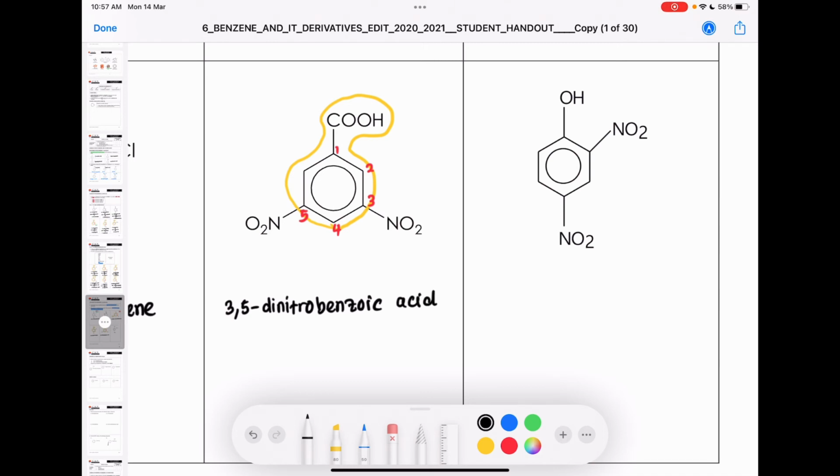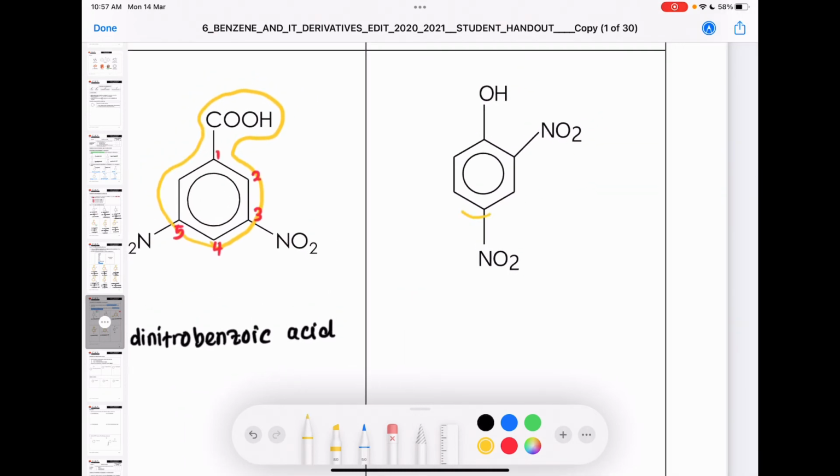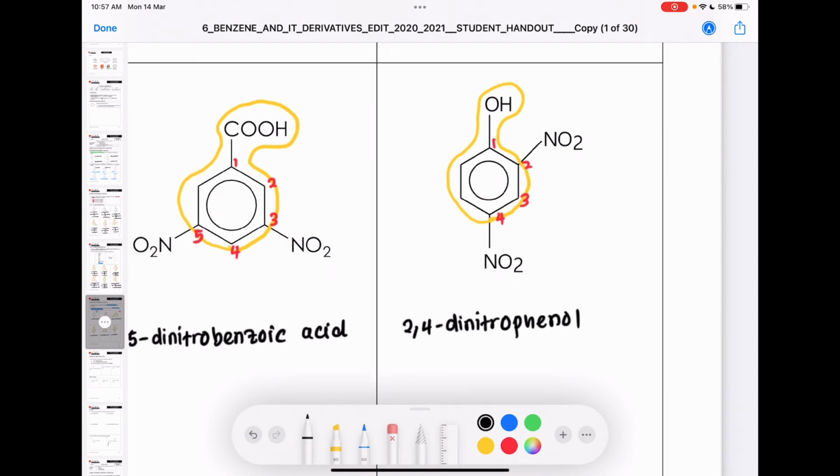And lastly will be this one. The parent chain will be this, together with OH, so it will be phenol. So 1, 2, 3, and 4. So we will give the name 2,4-dinitrophenol.